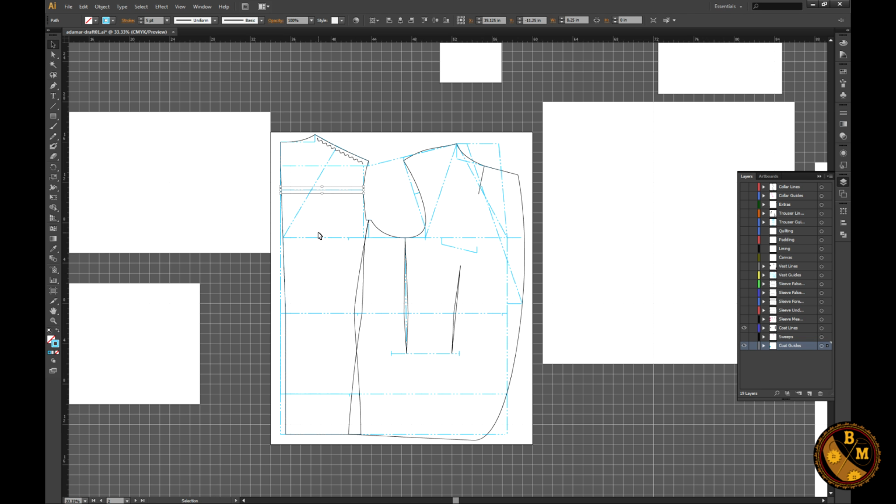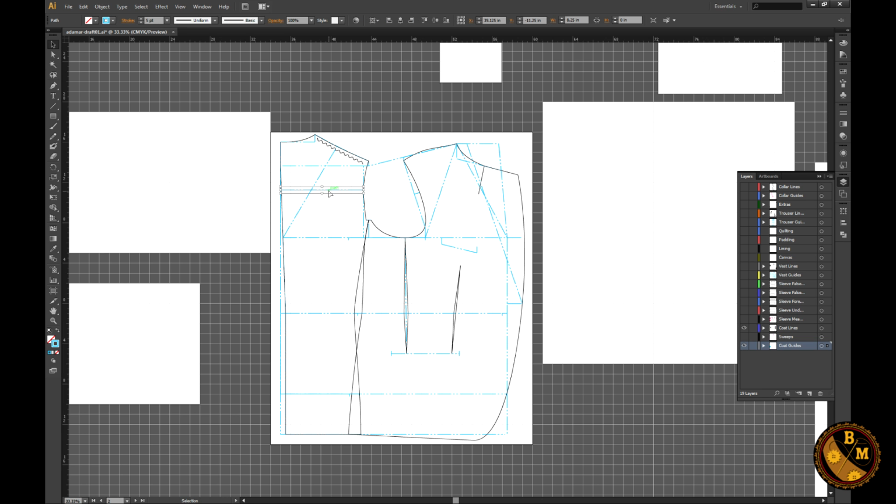Otherwise, it'll be too tight. The customer will feel it. They won't be able to move their arms around. They'll feel it in the back. If you ever put on a coat or a jacket and you're just like, no, this is way too small, and they say, oh, well, it must be your chest size. Not necessarily. It could be the amount taken from the middle of the back to the back of the armhole. It may not have enough room in there.